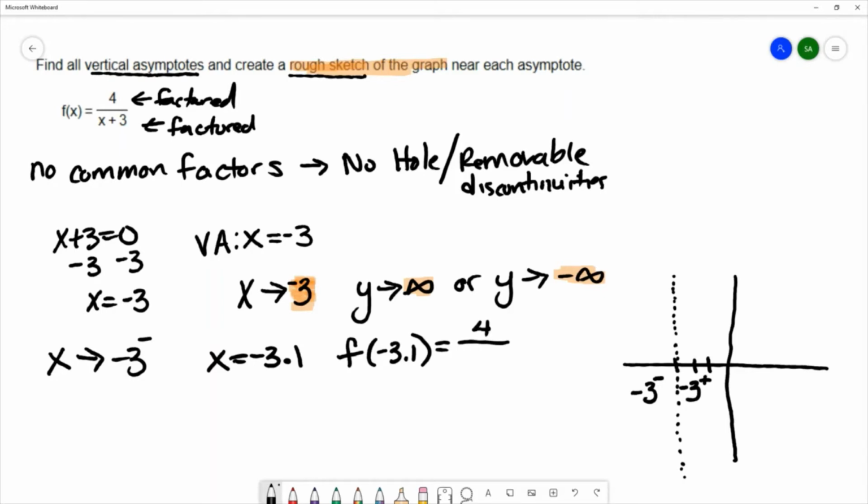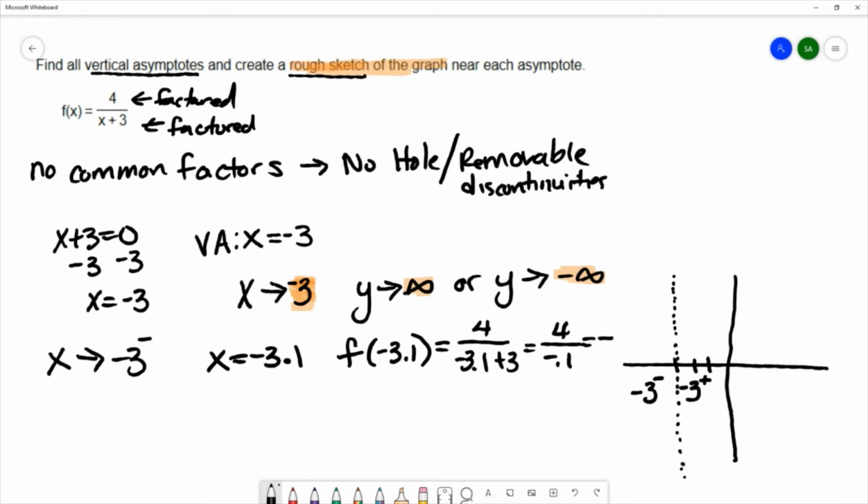That's 4 over -3.1 plus 3. That's 4 over -0.1. And that's going to give me a negative value. And so that tells me that for the lower side, the y is going to go to -infinity.